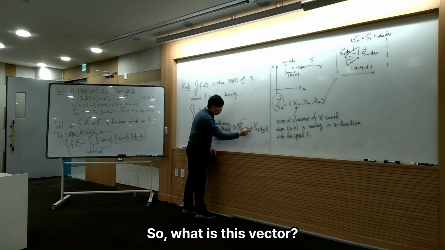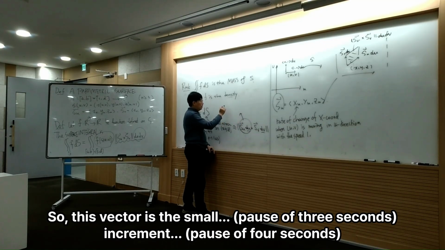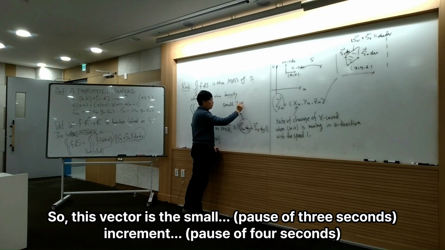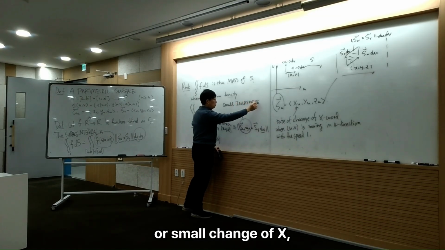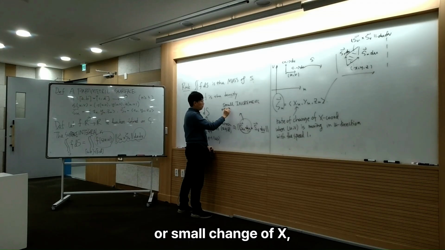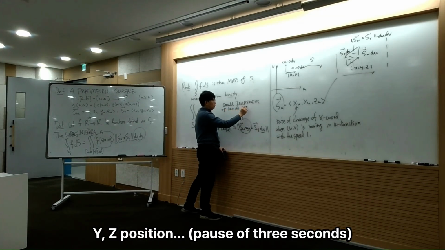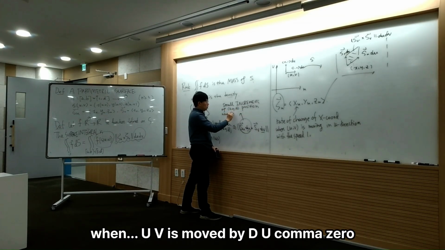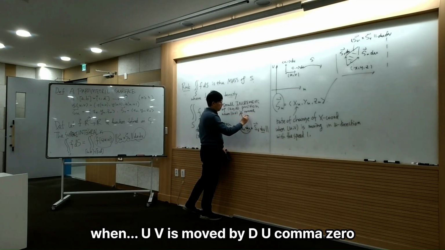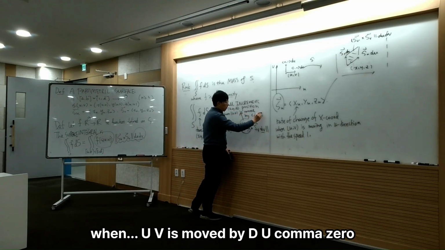So what are these vectors? This vector is the small increment, or small change, of the (x, y, z) position when (u, v) is moved by (du, 0).